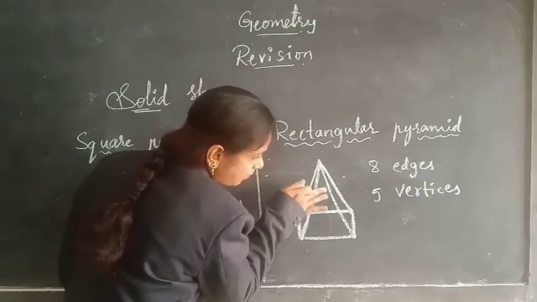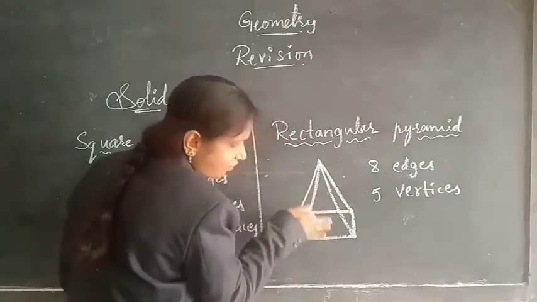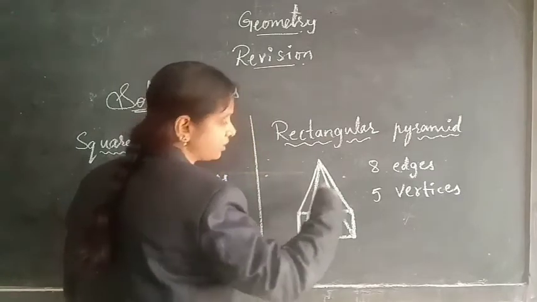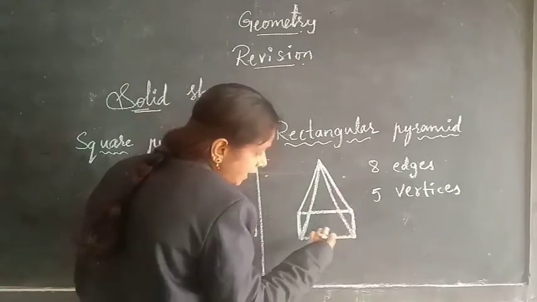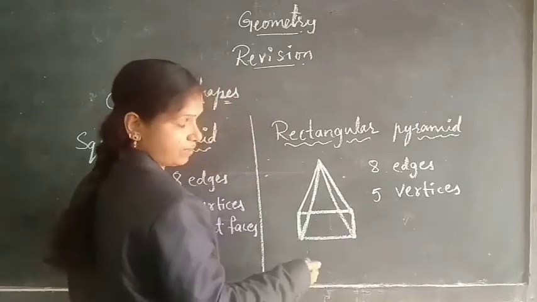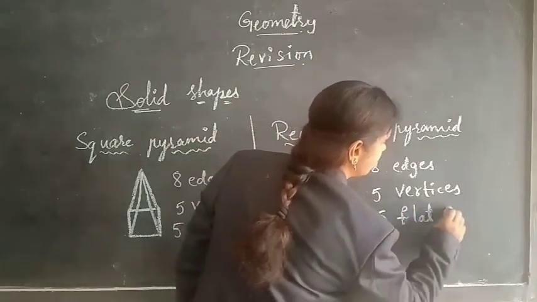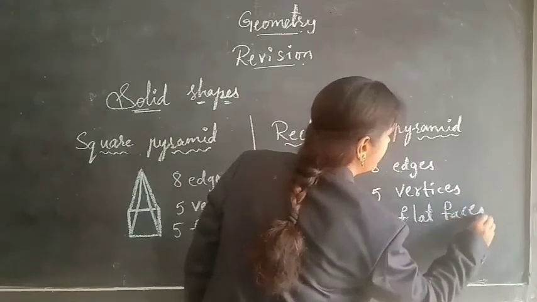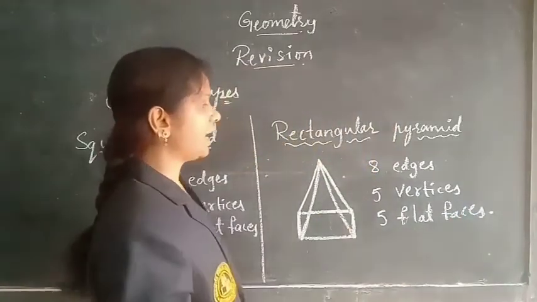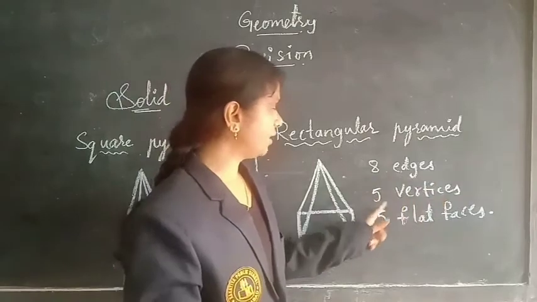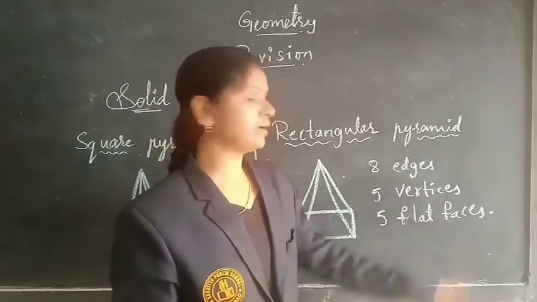Again I am repeating: back side one face, front one face, left, right 4 faces, and at the bottom the base, 5 faces. Okay, so 5 flat faces. So a rectangular pyramid has 8 edges, 5 vertices, 5 flat faces.